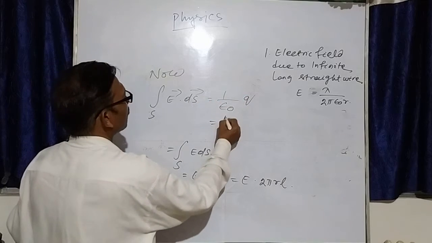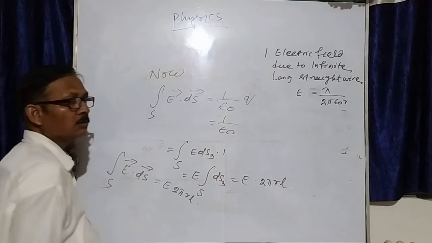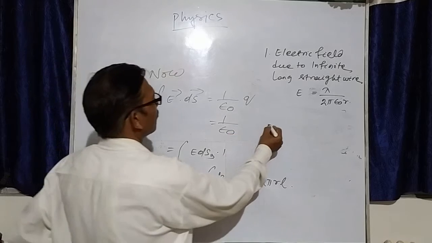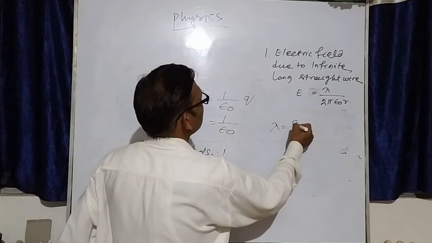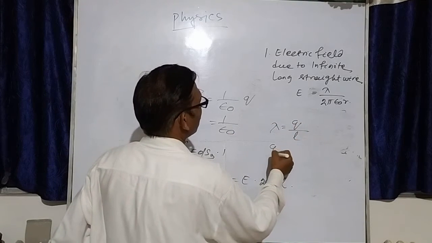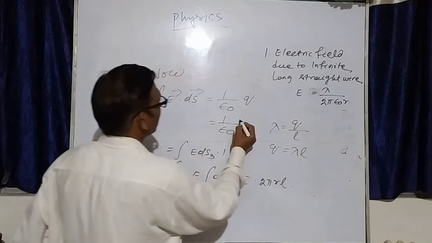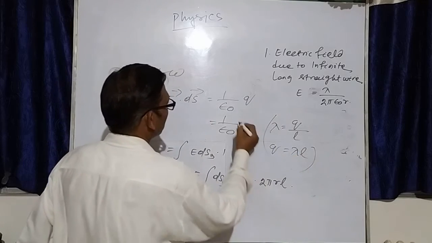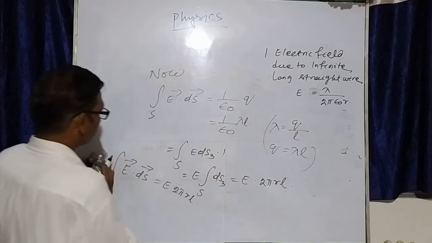For the straight wire, linear charge density lambda is q by L, or q is equal to lambda L. You put here q equal to lambda L.